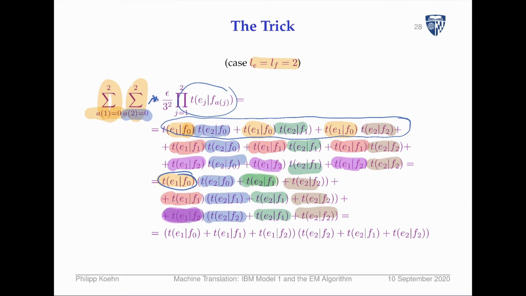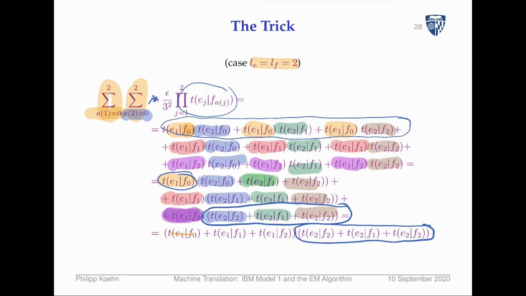So we can actually do now the same thing. We can pull out that part. I'm not going to go over all the colors here, but this part here, we can just pull out as well and put it here. And then we're left with, on the right-hand side, all the different choices for here.